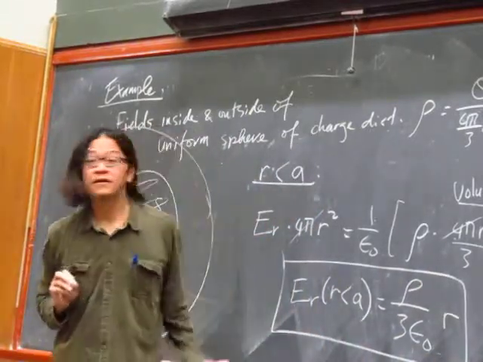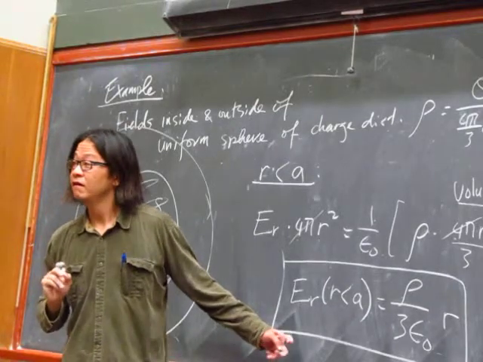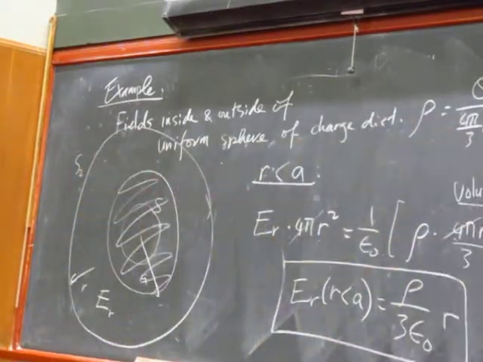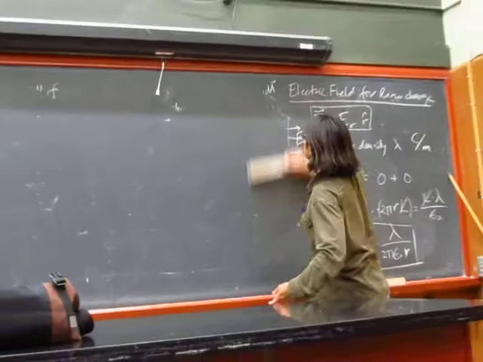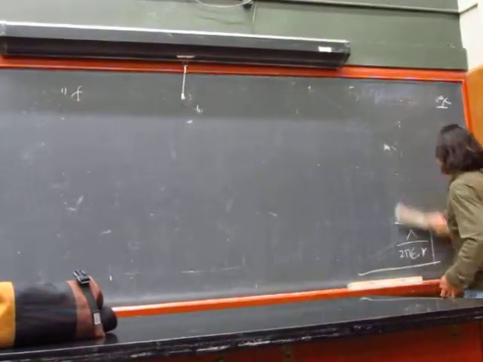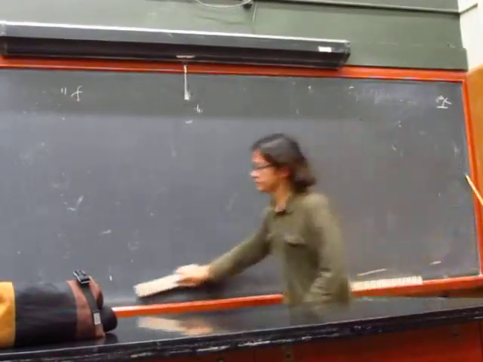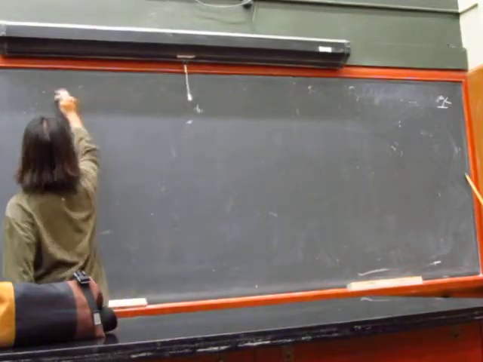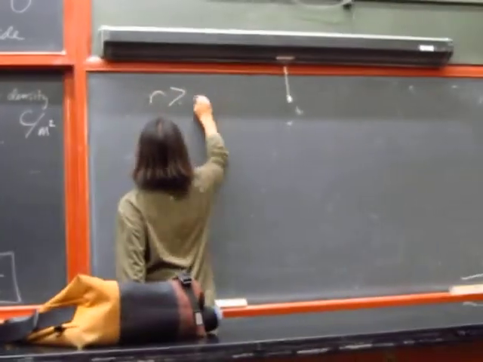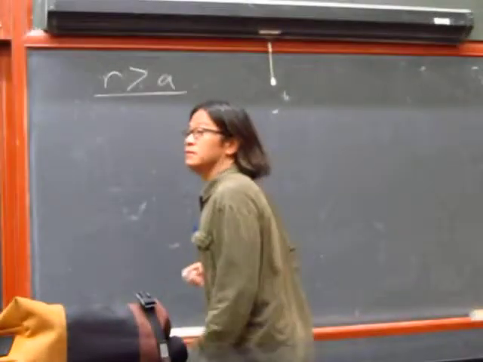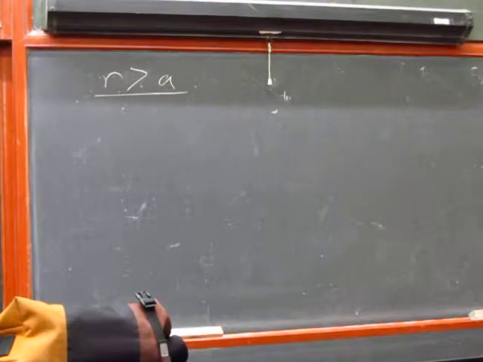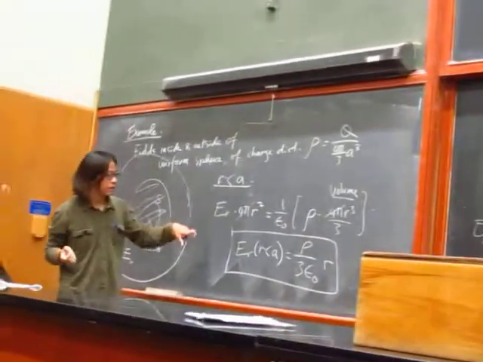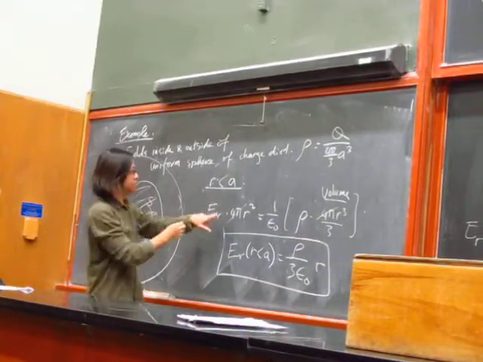Okay? Is it clear so far? Okay. How about for R greater than A? Say it again. Oh, ER times, this is the flux part.